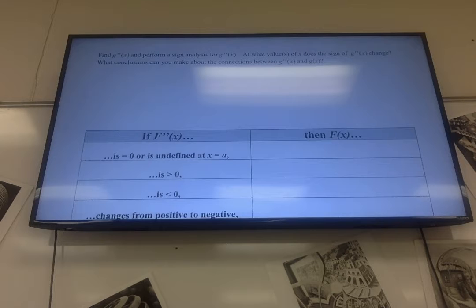So, g double prime of x. That just means we start off and we find g prime of x, and then we're going to take the derivative of that, and that would be the second derivative.